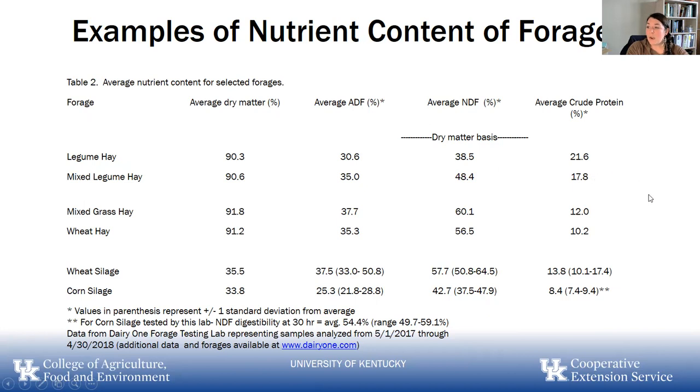Go down here and look at our corn silage, just for reference. Our average dry matter is about 33%. So we've got a little more moisture in our hay, which is fine. Our average NDF is 42.7 and our crude protein is only 8.4. Which is not bad. It's actually pretty good.